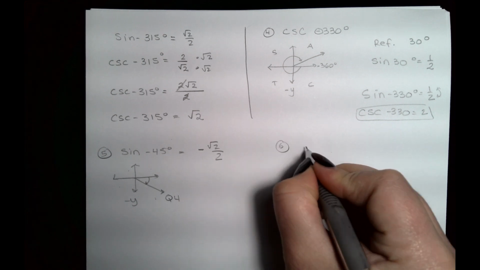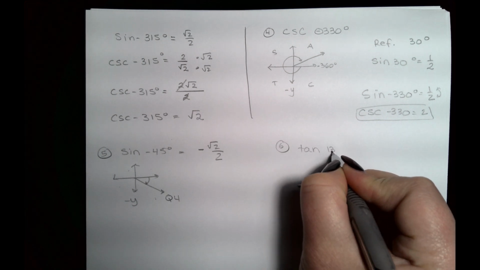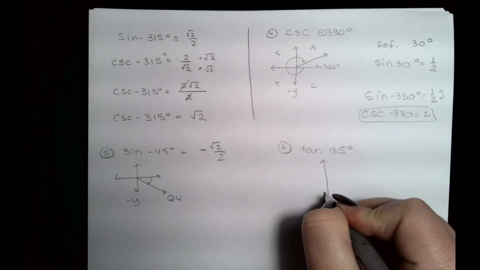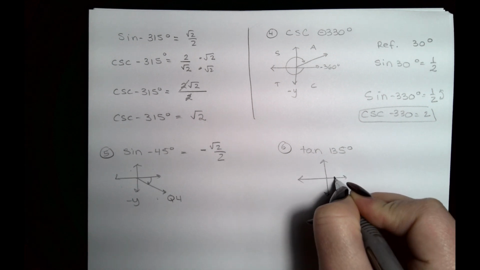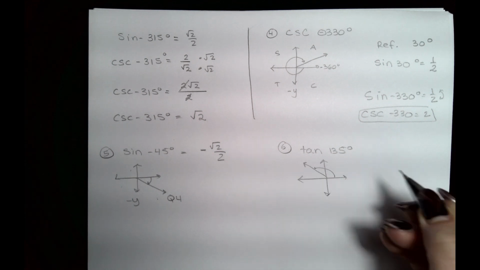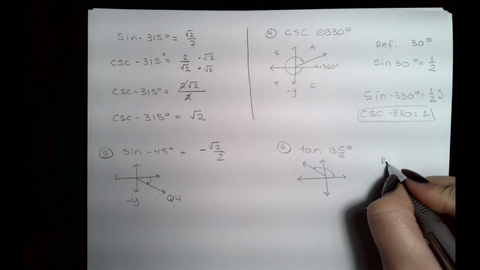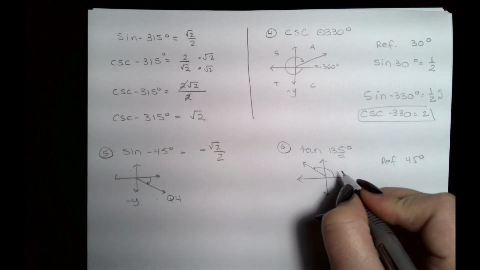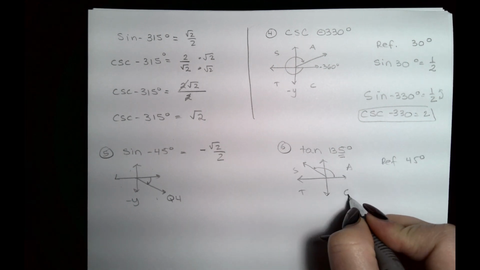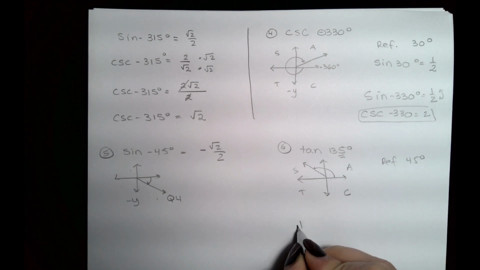Question number 6, tangent of 135. 135 is going to be here in quadrant 2. Again, anything ending with a 5 in degrees, you're going to have a reference angle of 45. All students take calculus. That means tangent is going to be negative.